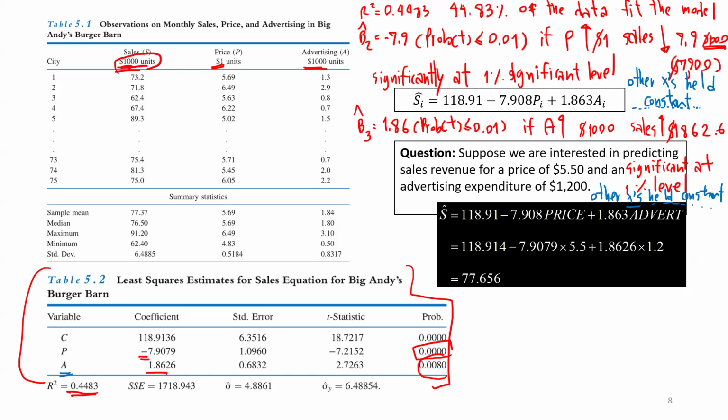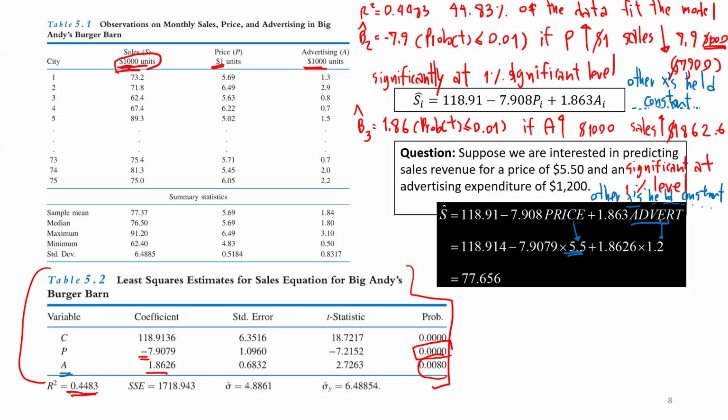Question. Suppose we are interested in predicting sales revenue for a price of $5.5 and advertising expenditure of $1,200. From the equation, we replace the price with 5.5 and advertise with 1.2.